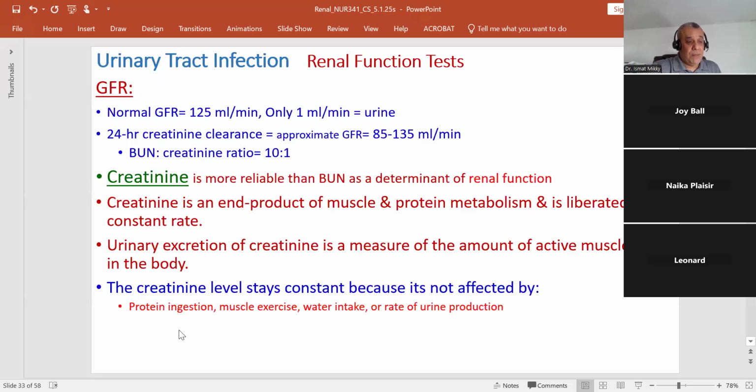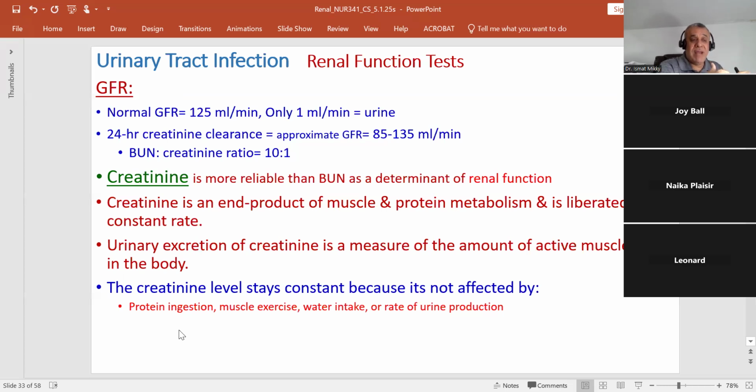Now the GFR. Going back to the renal function tests, that's how we evaluate the function of the kidneys, as we have mentioned earlier, along with the urinalysis. You'll find out about creatinine, the BUN, and the GFR. And we said that the GFR is the most accurate, reliable, and valid test for kidney function.